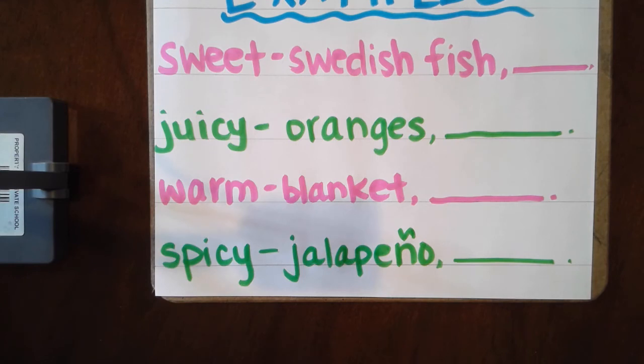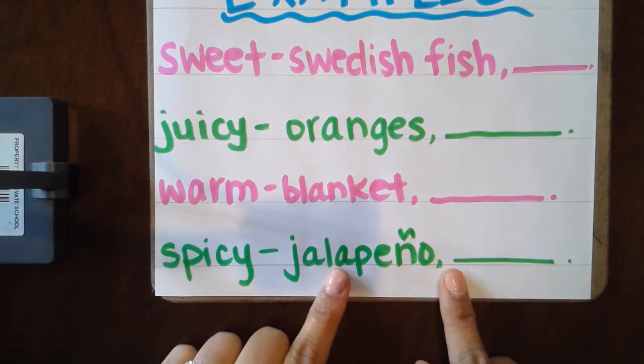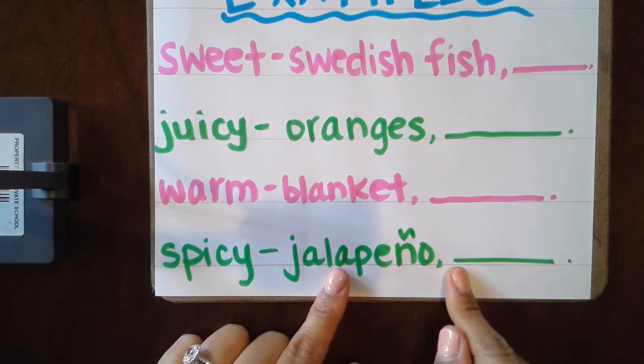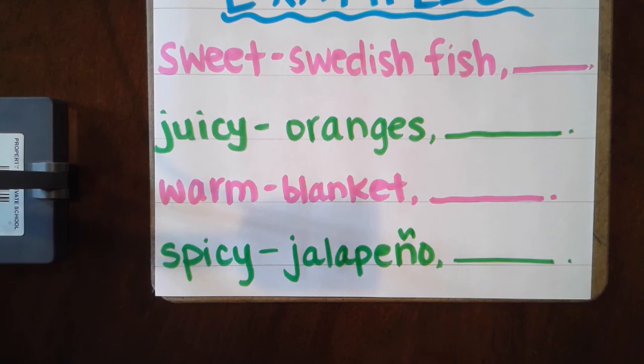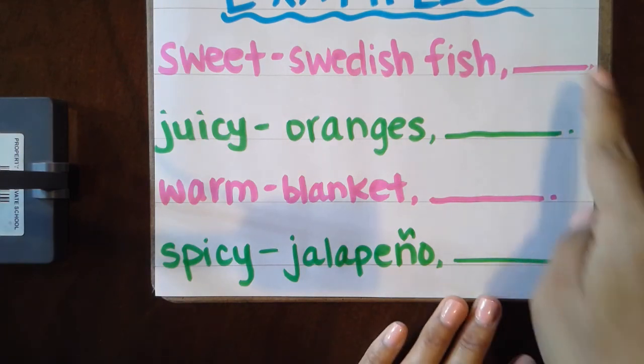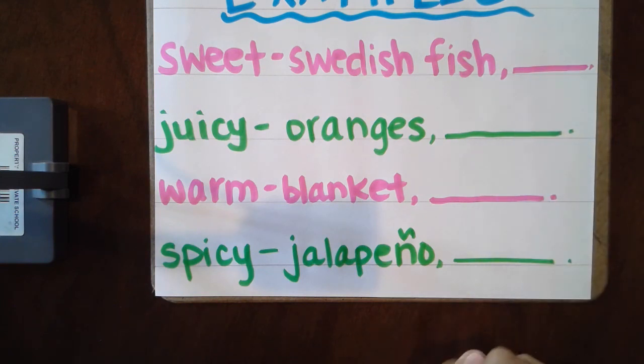So I will be posting this anchor chart on our Google Classroom for you to reference. I'm going to fill in some extra examples here just in case so that nobody gets confused, but I would like you guys to add in your example too.